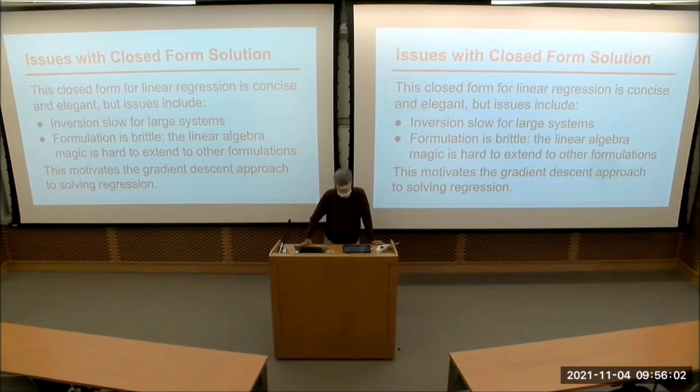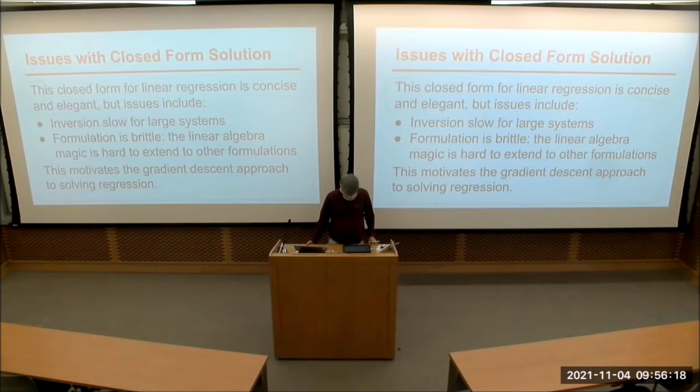That involves things like matrix multiplication and inversion. The good thing is it was simple, it was concise. It's kind of amazing that that sort of formula can come up with the optimal coefficients.